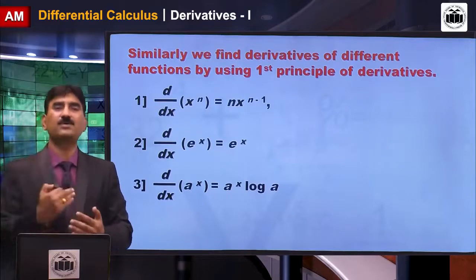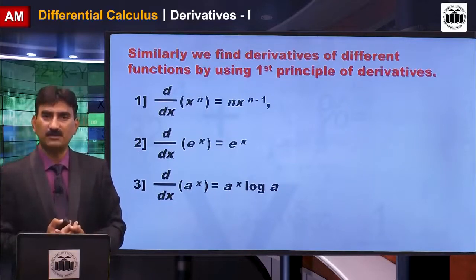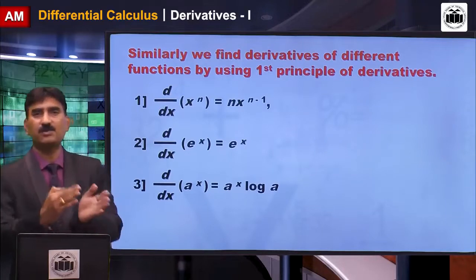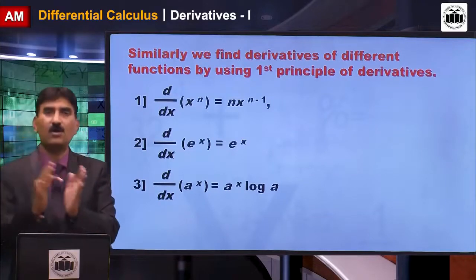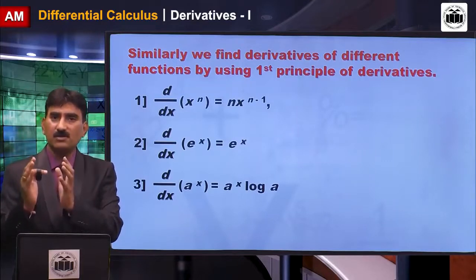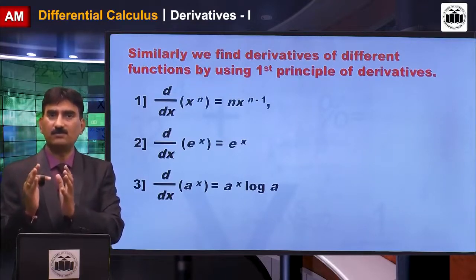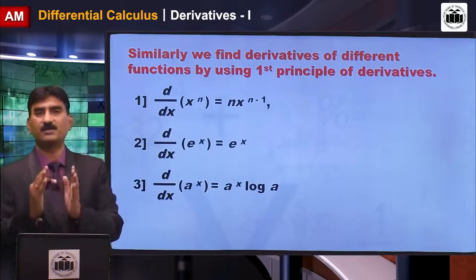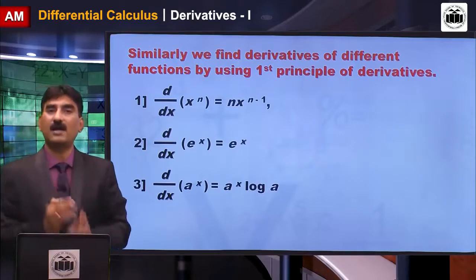Now the same thing we use for derivative of a raised to x. Derivative of a raised to x is a raised to x into log a. Log a is not equal to a. It is a constant value, unknown value. So that's why we put a raised to x into log a as it is.